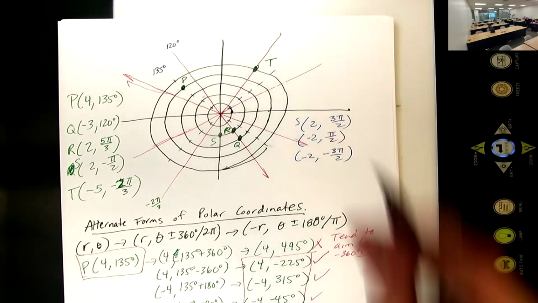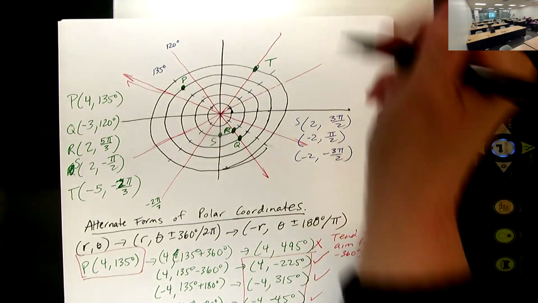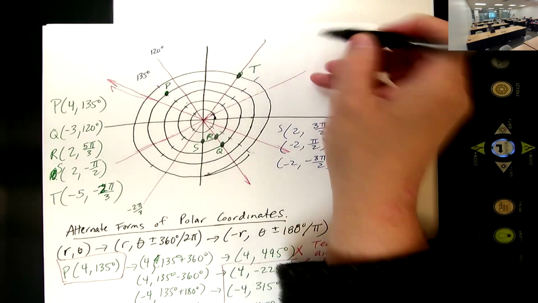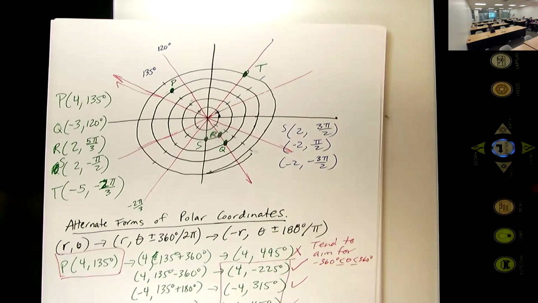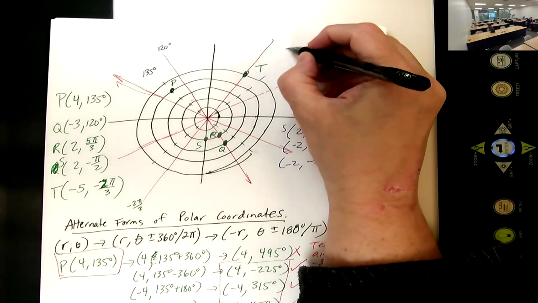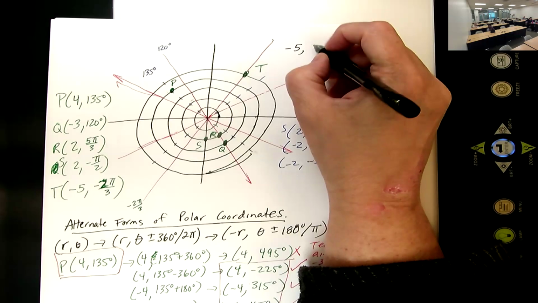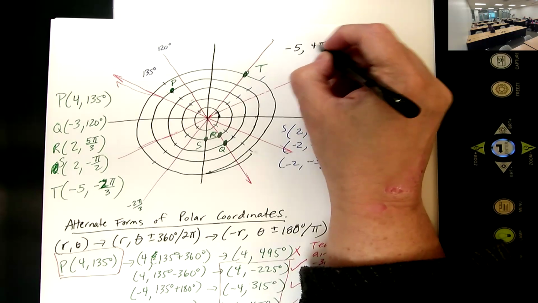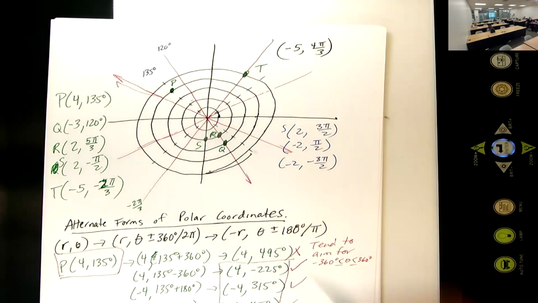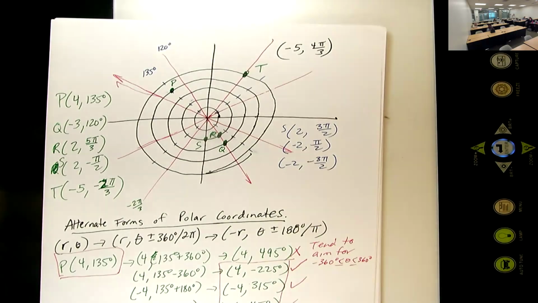What about T? We got -5, then 4 pi/3 is one answer. That seems like a valid bingo to me. Anyone else wanna chime in?